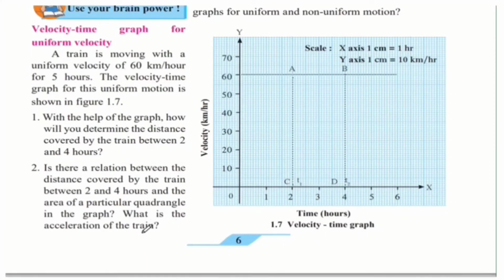What is the acceleration of the train? As we had learned earlier, acceleration is the rate of change of velocity per unit time. But here, the train is traveling with uniform velocity. That is, it is not changing with respect to time. So, the acceleration for uniform velocity would be 0.